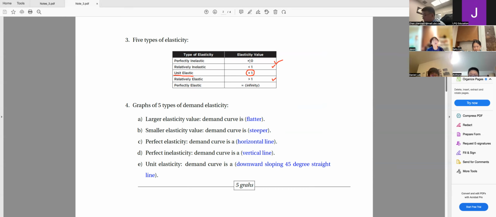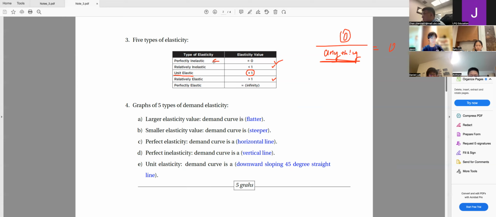If the elasticity value equals 0, like in your math class, 0 divided by anything equals 0. That means regardless of how the price level changes, there is no change in quantity demanded. So the consumers totally don't care about price change.